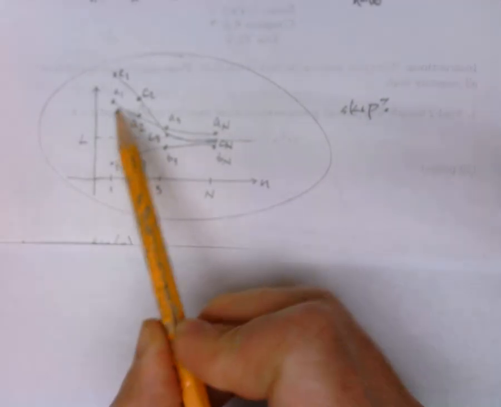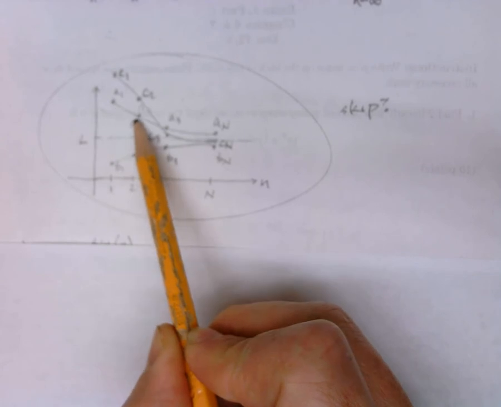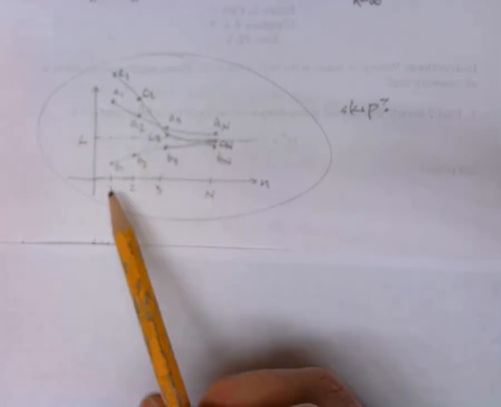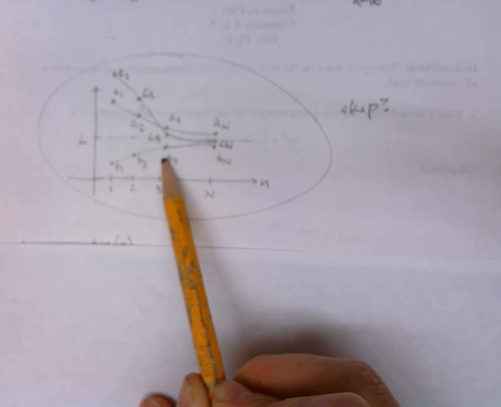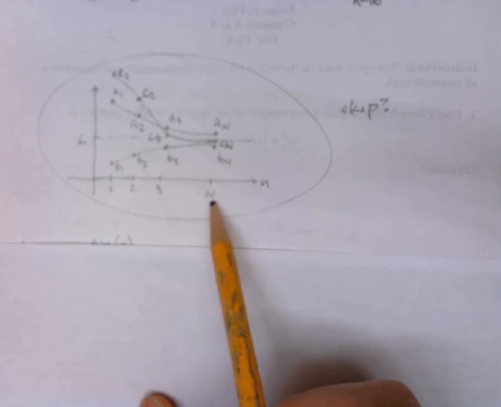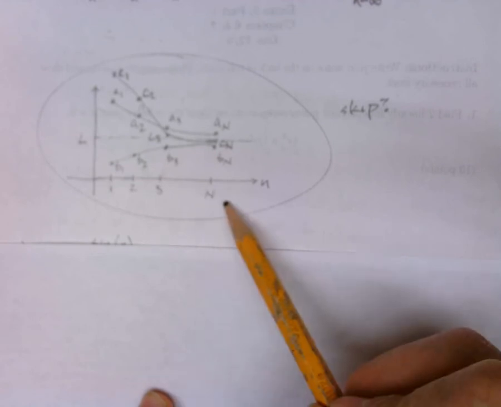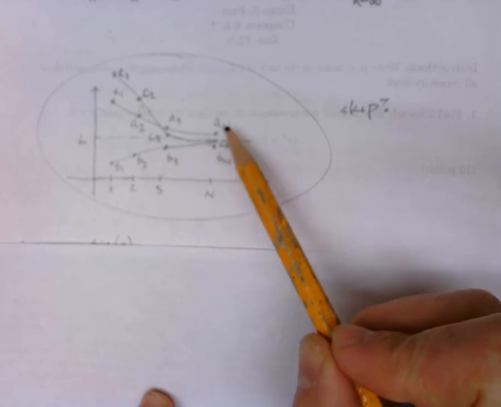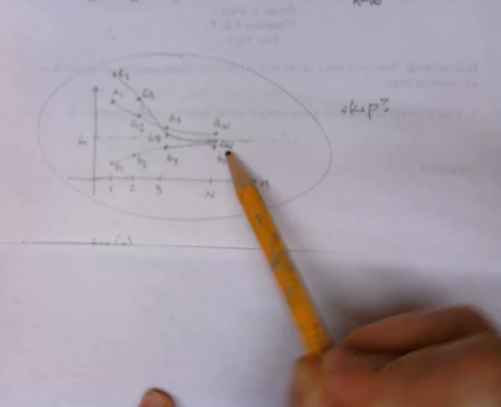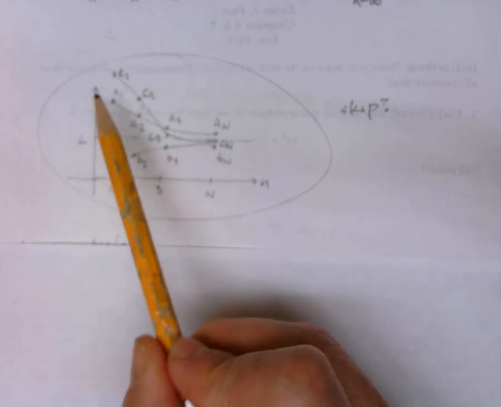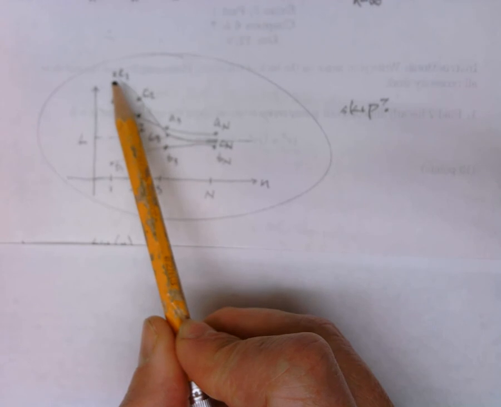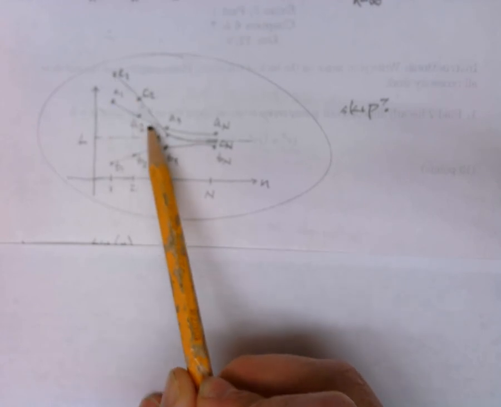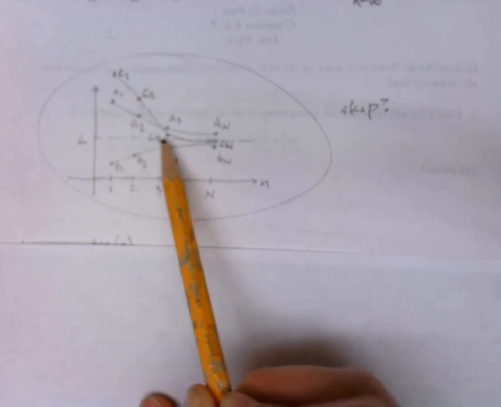right here we've got the A1, A2, A3. Down here we've got B1, B2, B3. At some point we need that capital N. Capital N is a value of little n. So there's AN, BN, and then we've got the C's coming down. At first C1, C2 is out here, but then eventually C3 sneaks in between.